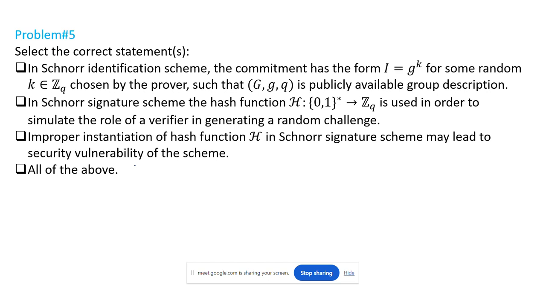Whenever we instantiate that hash function in the real world, the hash function used should actually have the property of a random oracle. If we are not using a proper hash function, then the system built upon it will fail. So it needs a proper instantiation of the hash function H so that it behaves as a random oracle. So yes, improper instantiation of hash function H in the Schnorr signature scheme may lead to security vulnerability, that is true. So basically all of the above is the correct answer.